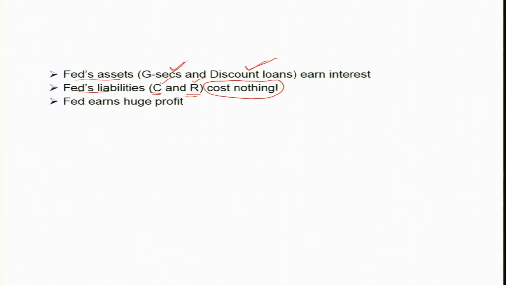But overall, compared to the income they are earning through these assets, it costs a very meager amount. In that way central banks can earn huge profit from their operations.